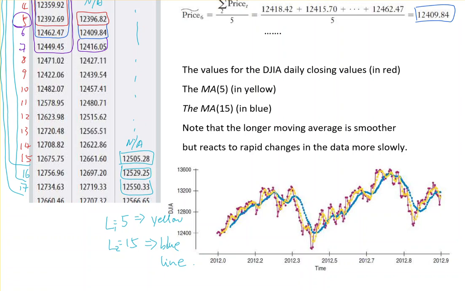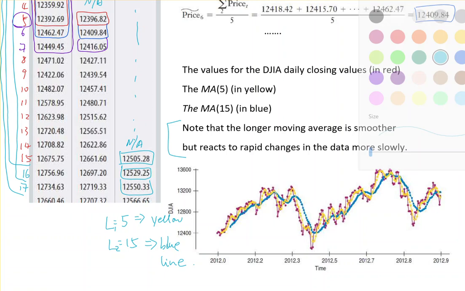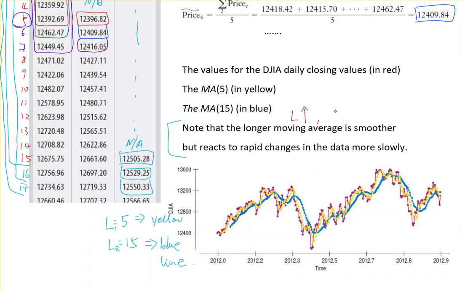All right, so here we have two sentences I want to talk about. The first one, we say the longer the moving average, the smoother the time series. So when L increases, the time series will be smoother. But at the same time, if it is smoother, we are averaging more data points. That means if there is any change at the next point, it will not be very sensitive to it, because we are averaging 15 instead of 5.